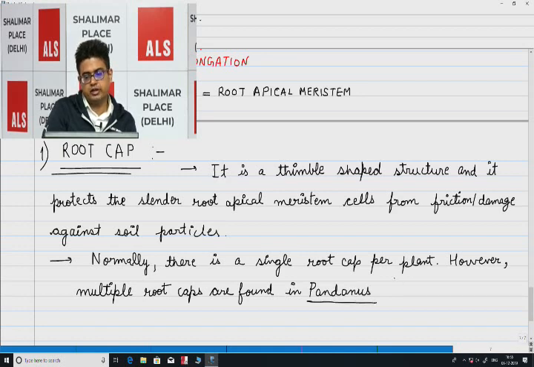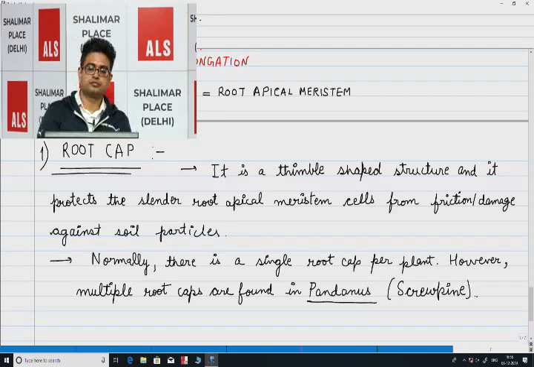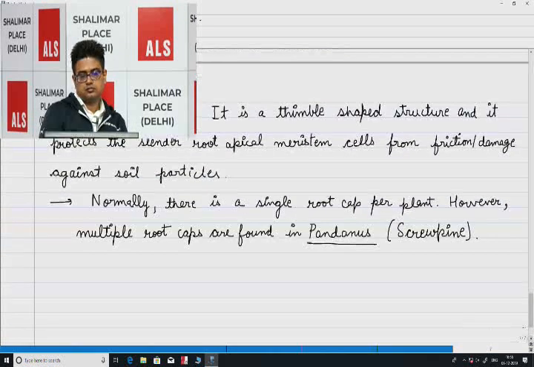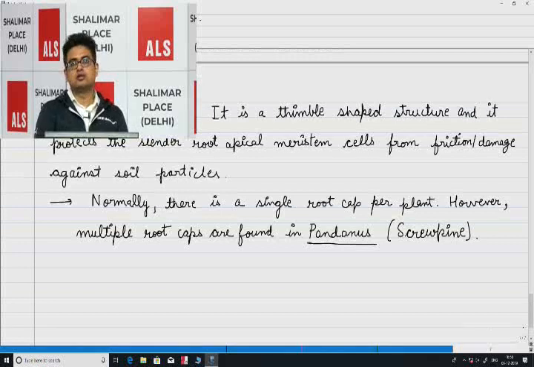Pandanus is also known by its common name in English, screw pine. This is about the root cap.